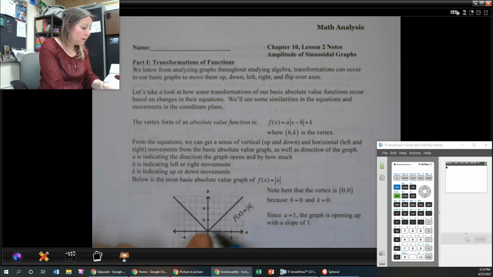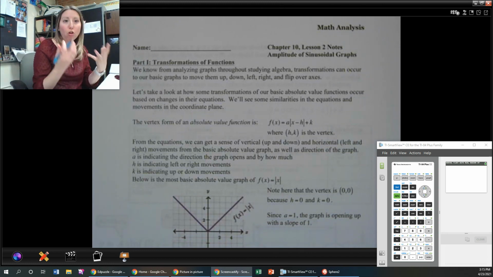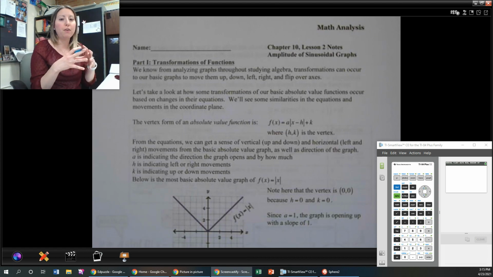And then what we do with this, knowing the coordinates of the vertex, 0, 0, and a slope of 1, the number in front, how much we're going up and right, is put that into the full form of the function, and that's where we simplify down to just the absolute value of x.